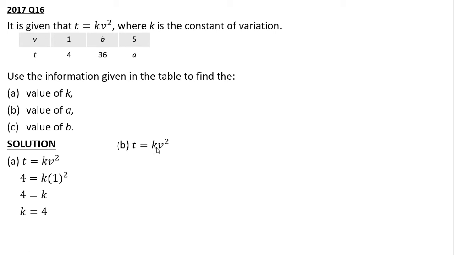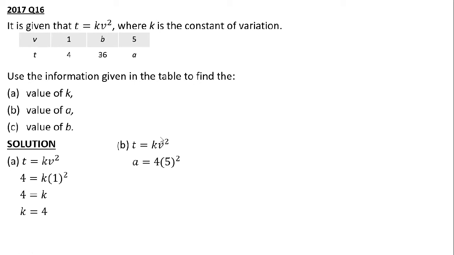T equals kv squared. Find the value of a. Since we know that k is 4, where there's k, we'll replace it with 4. Where there's t, we use the table; if this is a, where there's t, you replace it with a. In the table, we have a 5 under v.